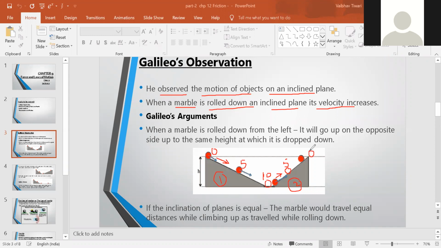Okay. So he noticed that the height from which the ball was dropped from the first plane, let the height be h. Okay, we can see a line over here.